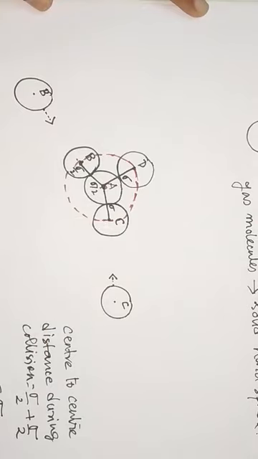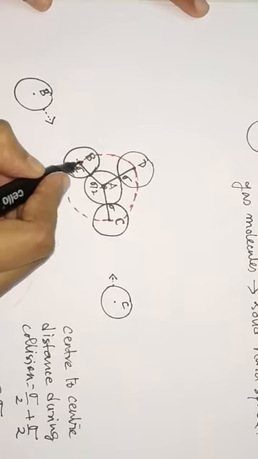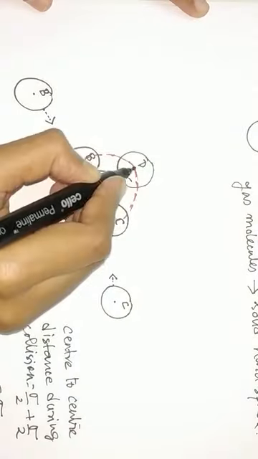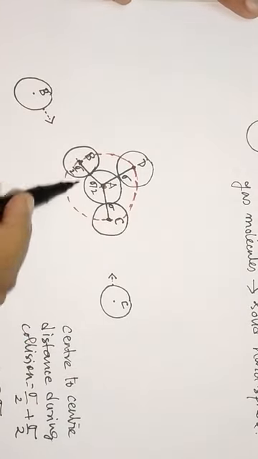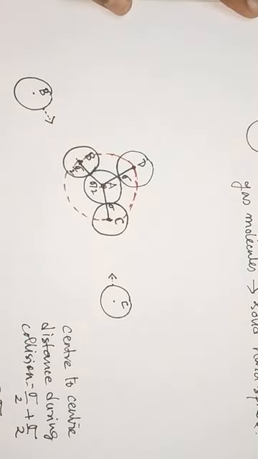As you can see, the molecules B, C, D which are making collision with molecule A all have their centers lying on this newly drawn sphere. In 2D it appears as a circle, but in 3D it will be a sphere. We have to imagine it as a sphere because all the gas molecules are also spheres.